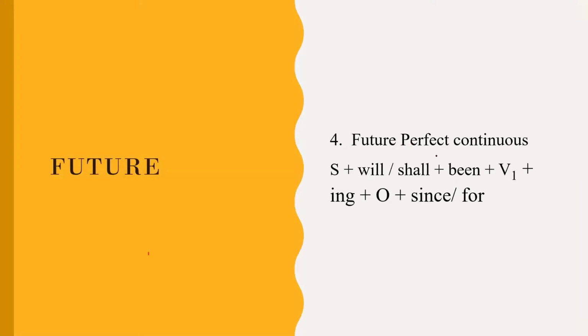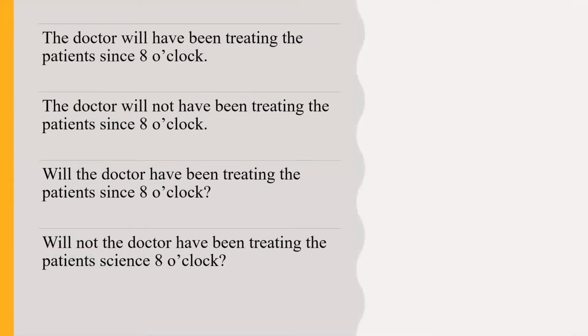Fourth, future perfect continuous. Formation: subject plus will or shall plus have been plus first form of verb plus ing plus object plus since or for. Examples: the doctor will have been treating the patients since 8 o'clock. This is an affirmative sentence. The doctor will not have been treating the patients since 8 o'clock.